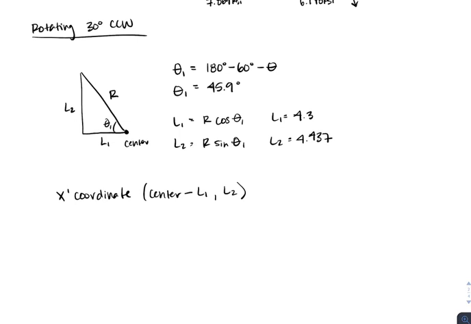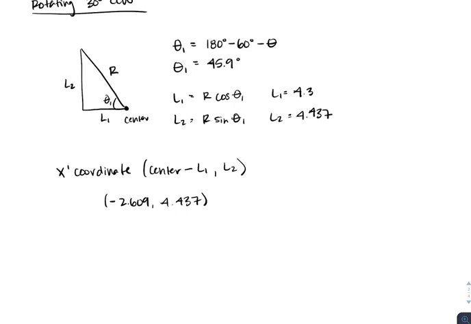So doing that, you should get a value of negative 2.609 and 4.437. That's positive. And then do the exact same thing with our y prime coordinate. Only in this case, it's going to be the center plus L1, and then our second point is going to be a negative L2. So if we do that, you should get a value of 5.991, and then a second point of negative 4.437.